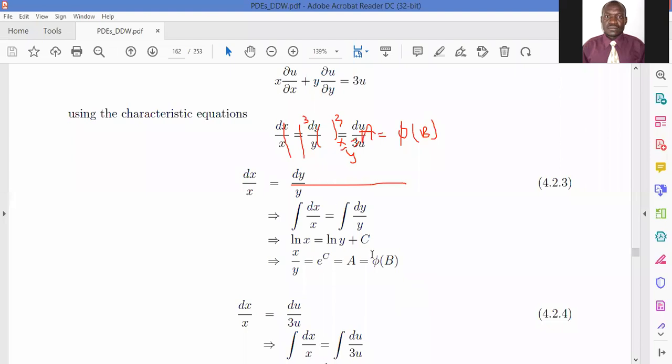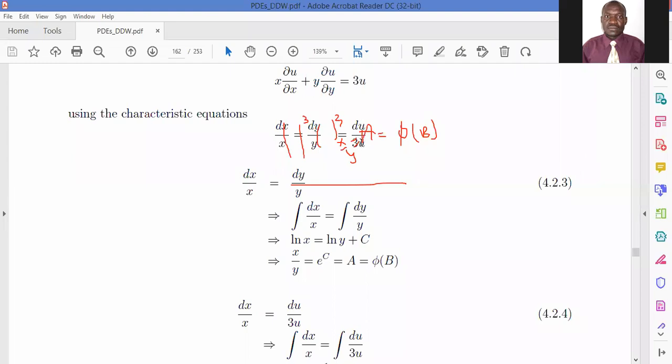So what we are generally trying to do is the constant here, which is expressed as a, but a is phi of b. For the other part that we pick from the characteristic equation, we call this b, which is phi of a. Why? Because we have dx over x, which is equal to dy over y, and we have du over u.